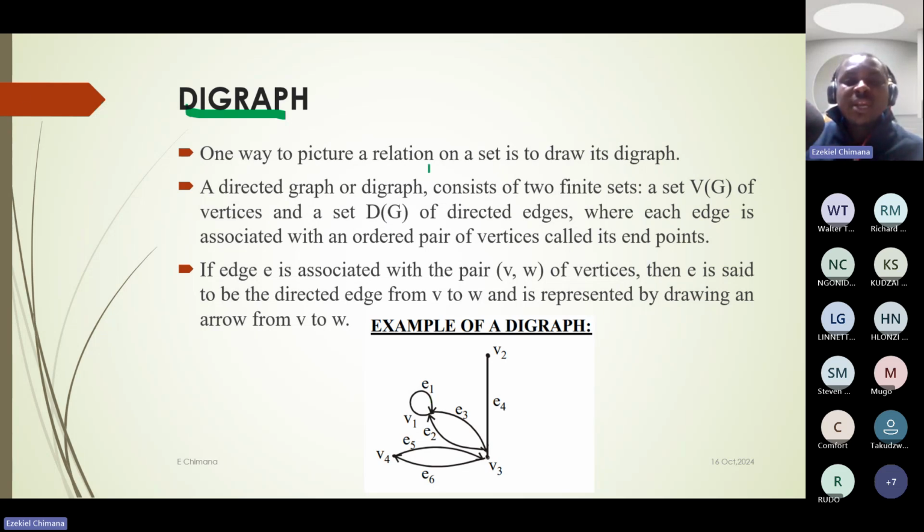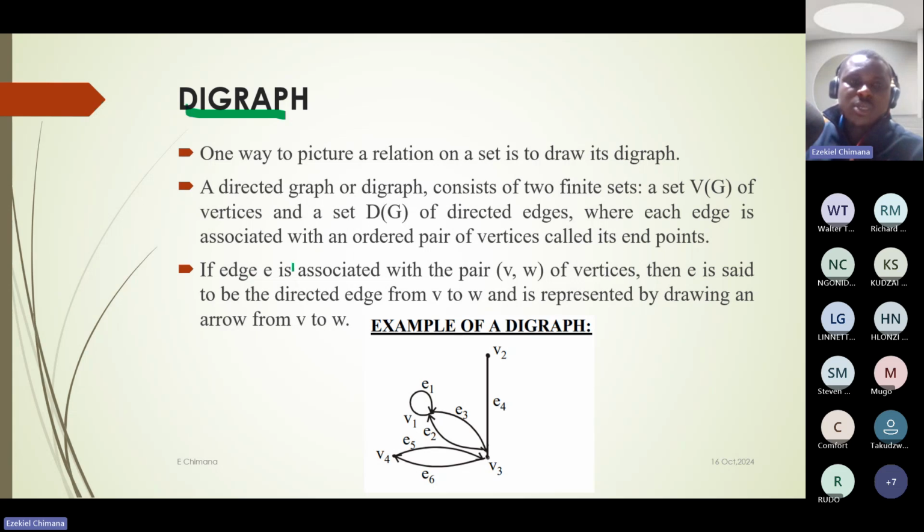So one way to picture a relation on a set is to draw its digraph. A directed graph, or digraph, consists of two finite sets: a set V of vertices and a set G of directed edges, where each edge is associated with an ordered pair of vertices called its endpoints.